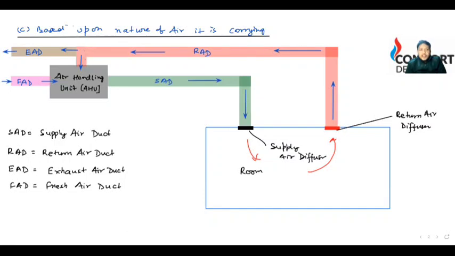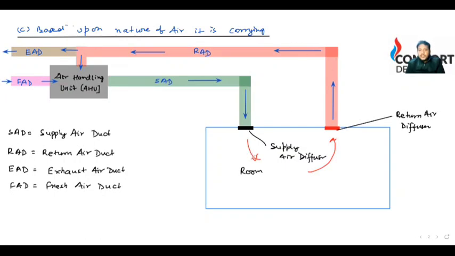Because we want to filter that air, and that filtration provision is there in the AHU. Since this air becomes unhealthy, we filter this air in the AHU. The excessive air that we have, because of the addition of fresh air, we exhaust, and this air which is taken as return is at a lower temperature.